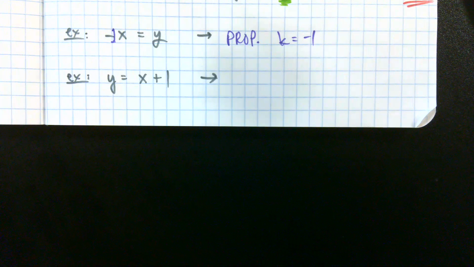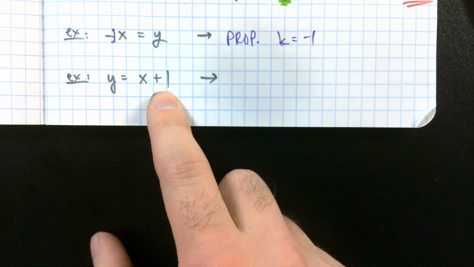What do you guys think here? Thumbs up, thumbs down? Should be thumbs down, absolutely. Right? Why is this non-proportional? There's a number being added on the end.